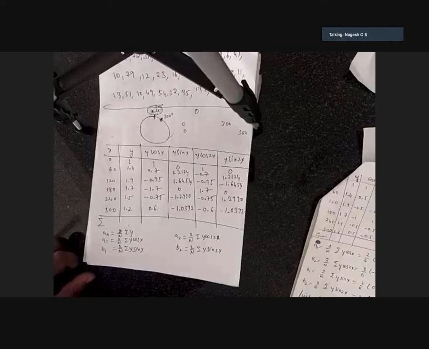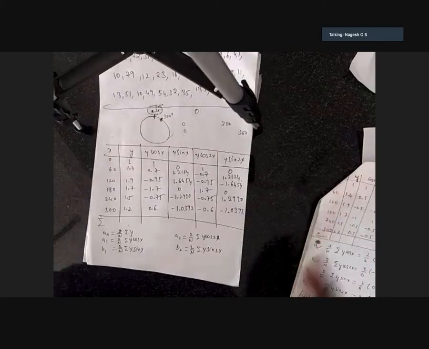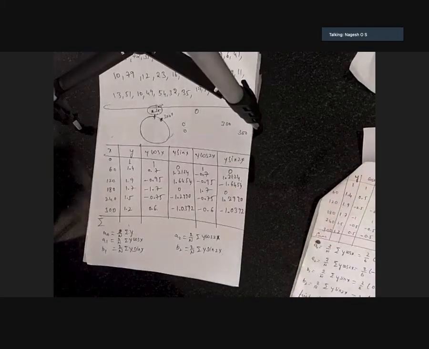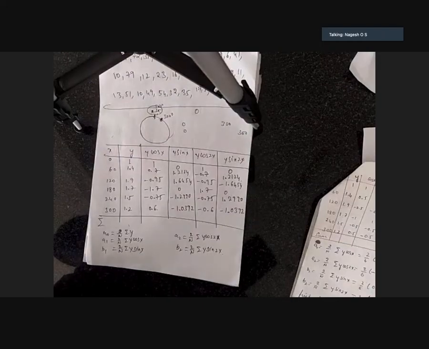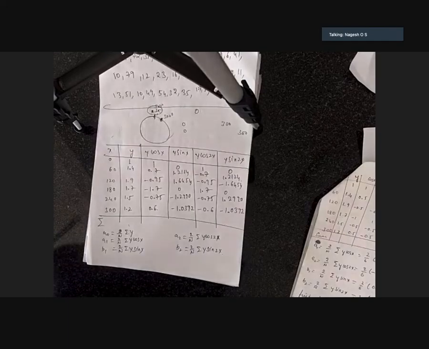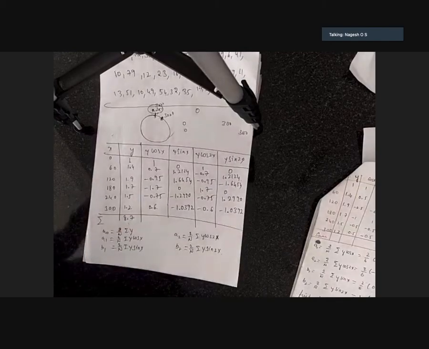We need summation y. Add all these things. So if you add all these things, 1 plus 1.4 plus 1.9 plus 1.7 plus 1.5 plus 1.2, you will get 8.7.